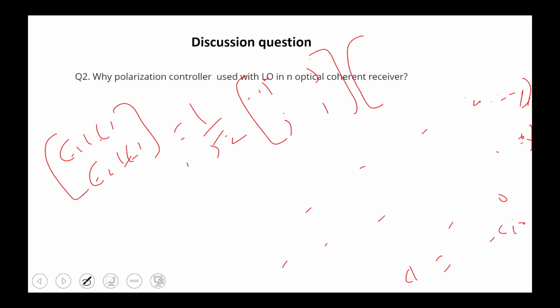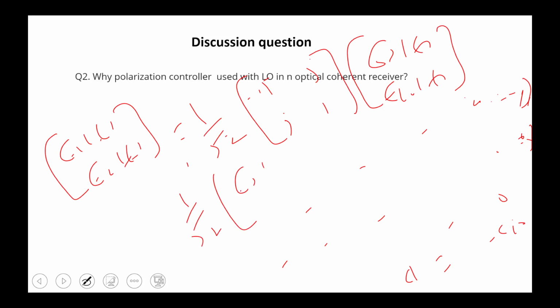And there are two signals, this is ES(t) and one is ELO(t). Understood? If you multiply these two matrices, it will become 1 upon root 2, ES(t) plus j component of ELO(t), ELO(t) plus j component of ES(t). Am I correct?